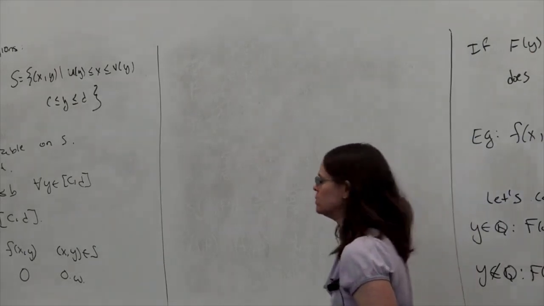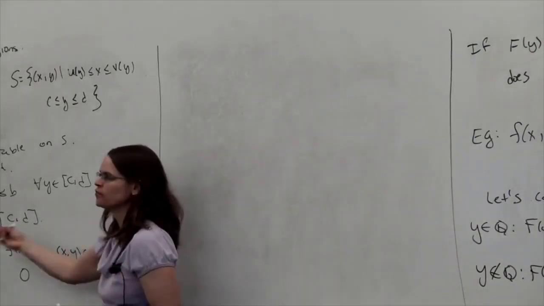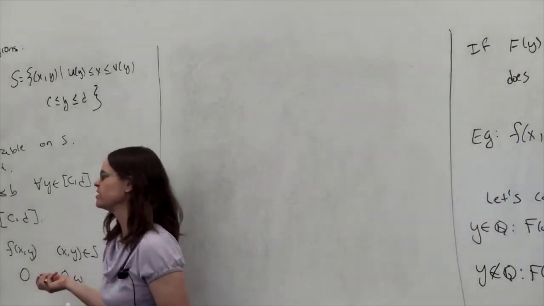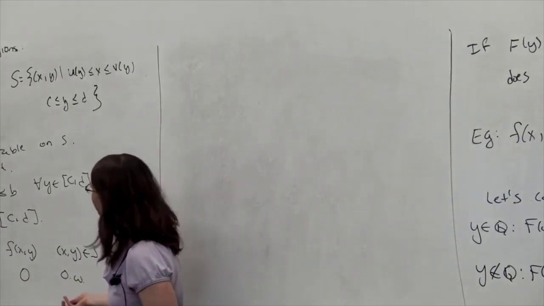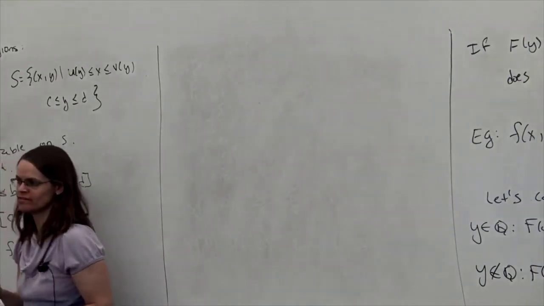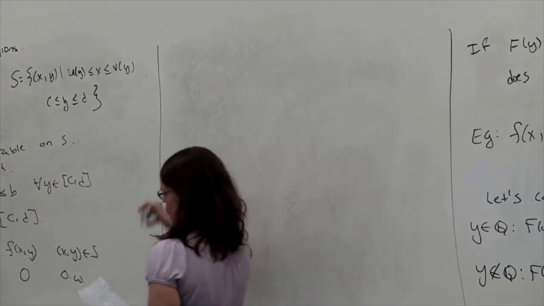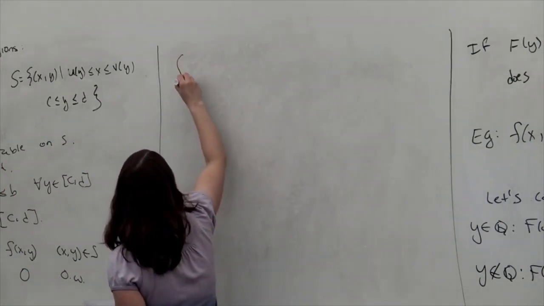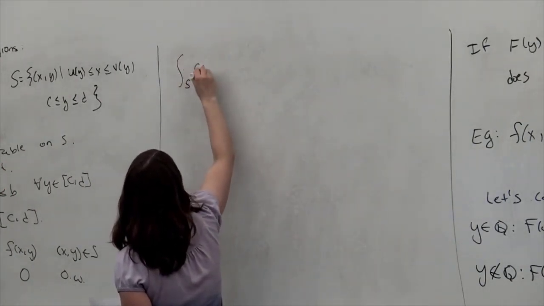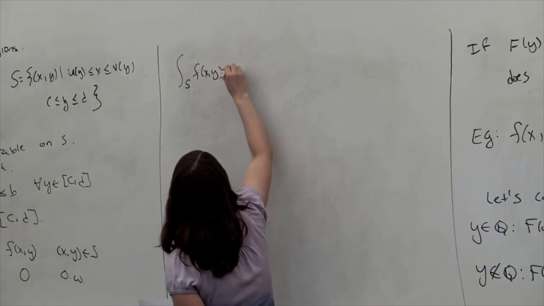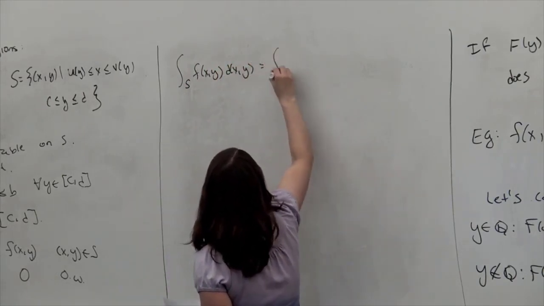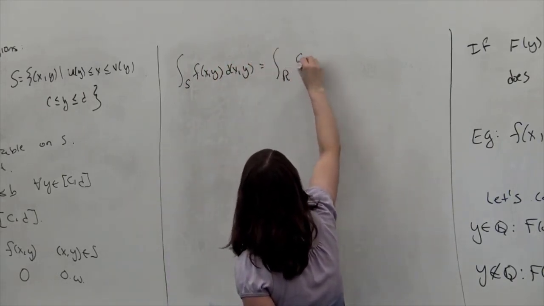All right, and we know that the integral of this function over the rectangle exists, because that's exactly how we defined the integral of this over S existing. Okay, so we know that the integral we started with is exactly the same as integrating this new function over R.